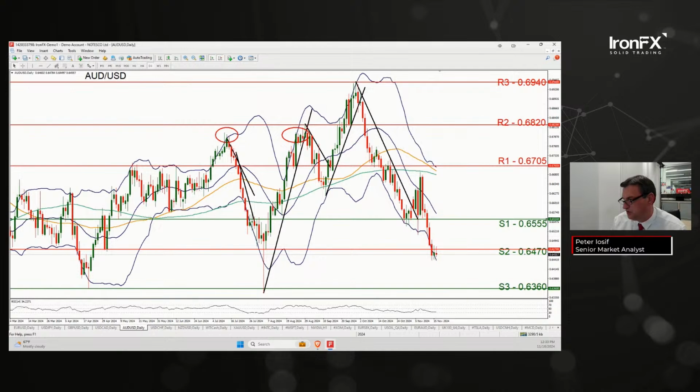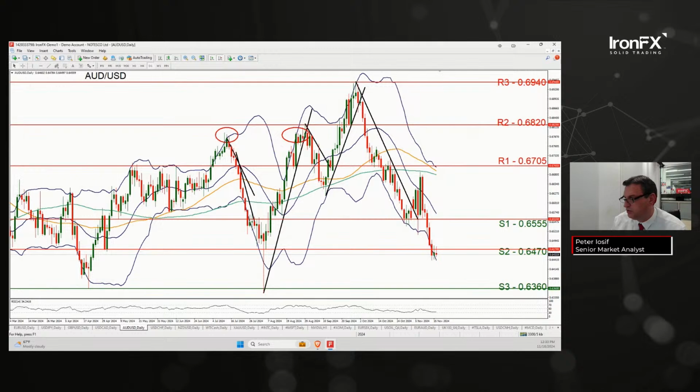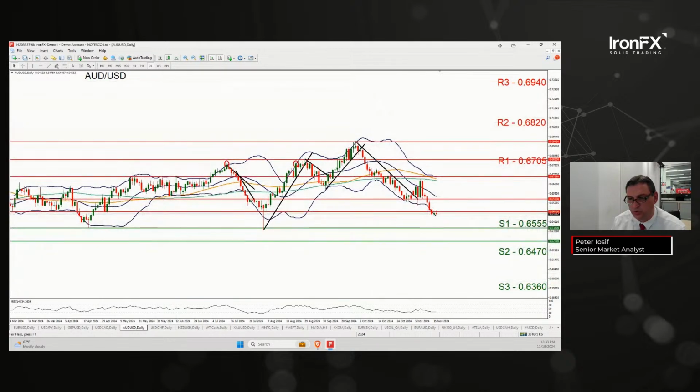Now also the S1 has to be turned into a resistance line. And let's go hunting for new ultimate support levels. Okay, the 0.6360 seems to remain. It has a nice double touch.